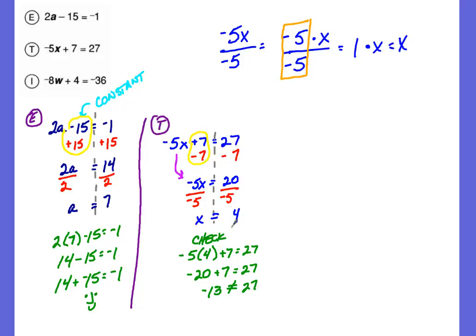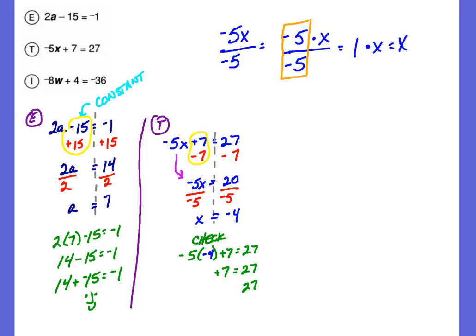There's something wrong. That would cause you to look back into your work and say, oh, I divided 20 by negative 5 and got 4. I should have had negative 4. Now let me go back to my check. Let me get rid of those two things and say, what if I put negative 4 there?